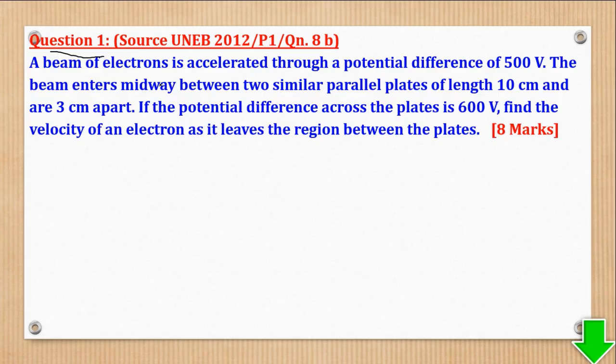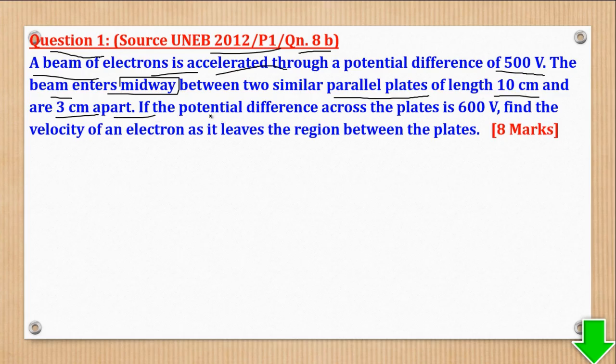the plates. This question came from UNEB 2012 paper 1 question 8b, and it says a beam of electrons is accelerated through a potential difference of 500 volt. The beam enters midway between two similar parallel plates of length 10 centimeters and are 3 centimeters apart.